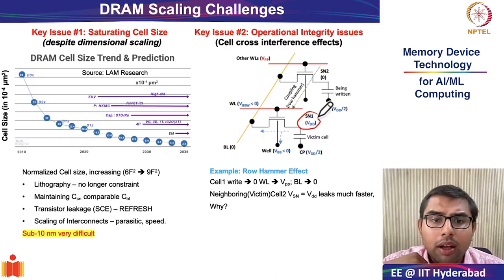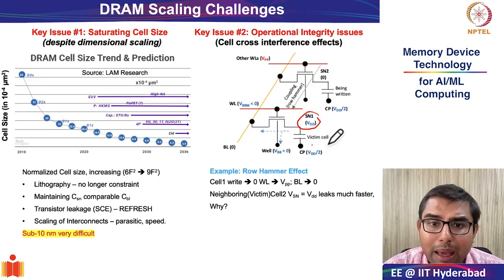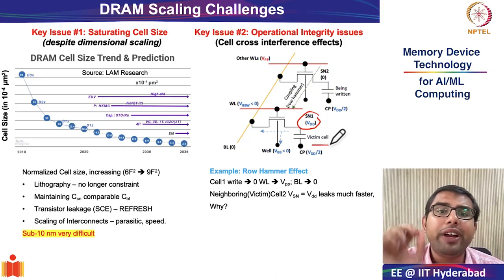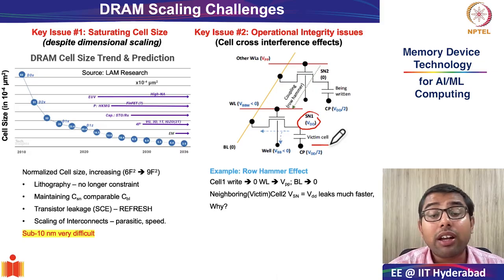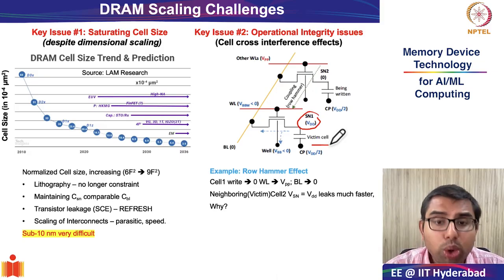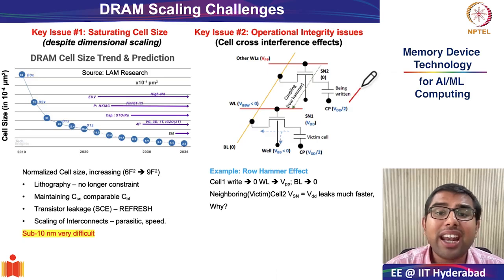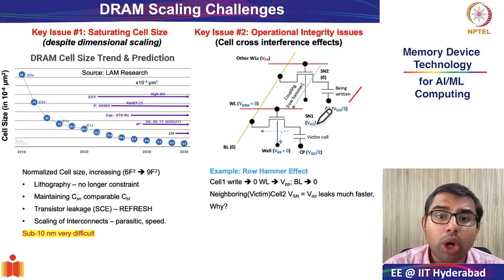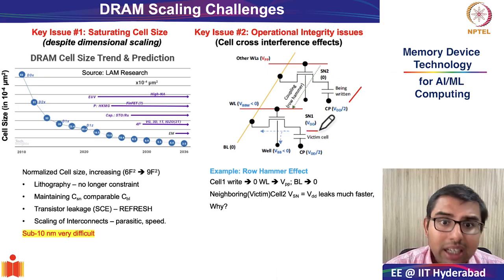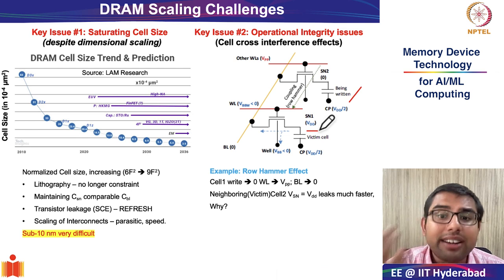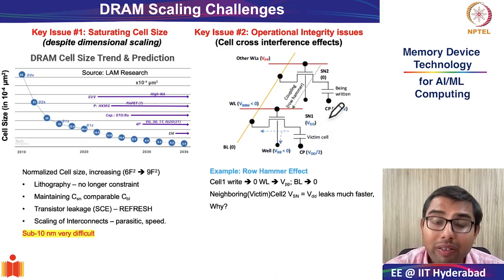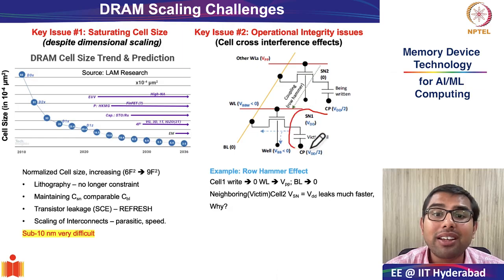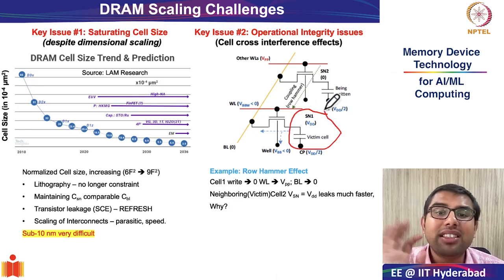If the neighboring victim cell had a value of VDD on the storage node, and you write into the intended cell again and again, the charge on the storage node leaks out much faster. As a result, if the leakage happens much faster than the refresh rate, you will be corrupting the data written in the victim cell.